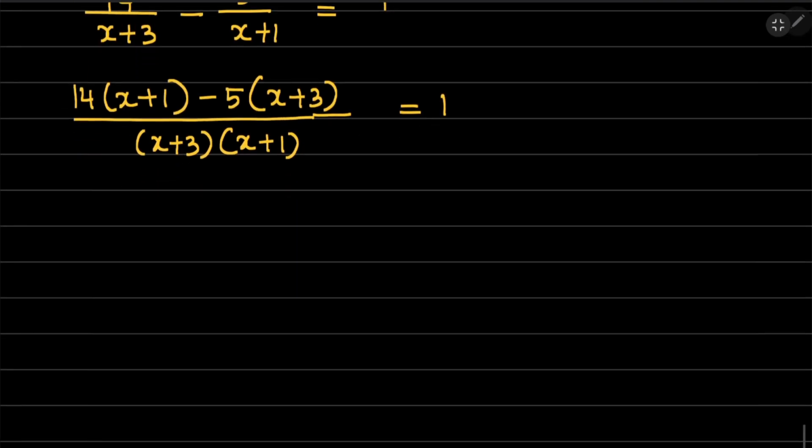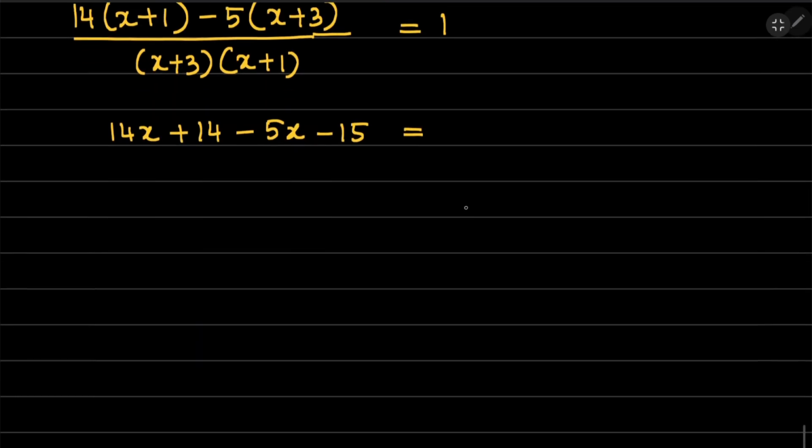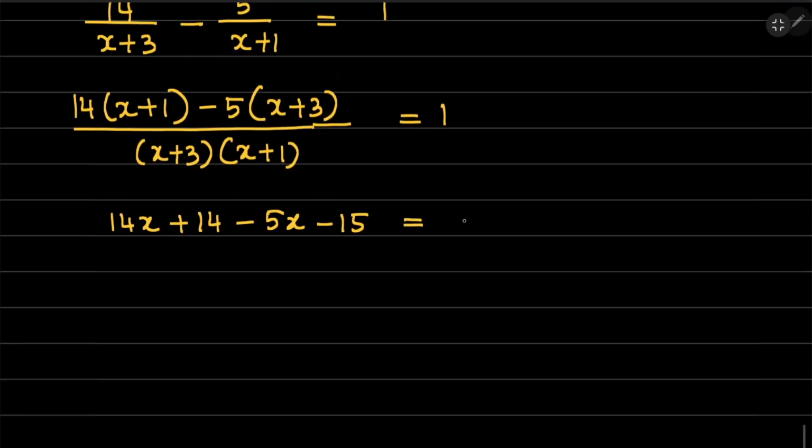Okay, so let's open the brackets. So you have got 14x plus 14 minus 5x minus 15 is equal to, cross multiply, you will have x plus 3 multiplied by x plus 1. Right? So here you can just solve it. What is 14x minus 5x? It is 9x. Right?